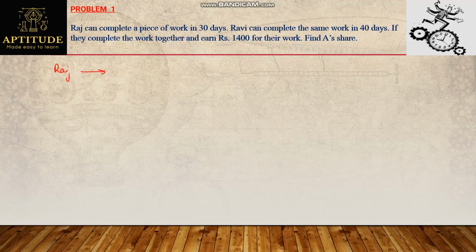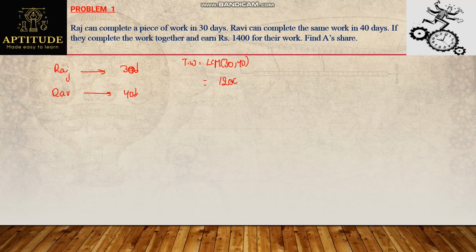So here, Raj can finish a piece of work in 30 days, while Ravi can finish the same piece of work in 40 days. What is the first step in a time and work problem? Finding out efficiencies by assuming total work. And what will be total work here? As we know, total work is nothing but the LCM of 30 and 40, which is nothing but 120.